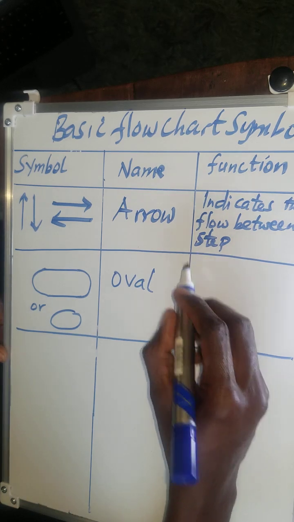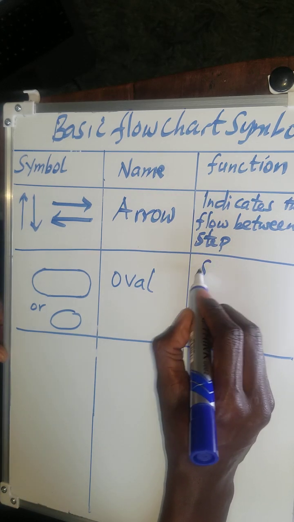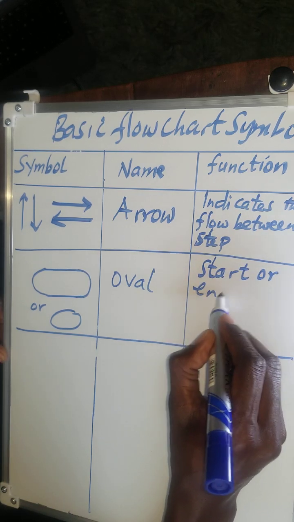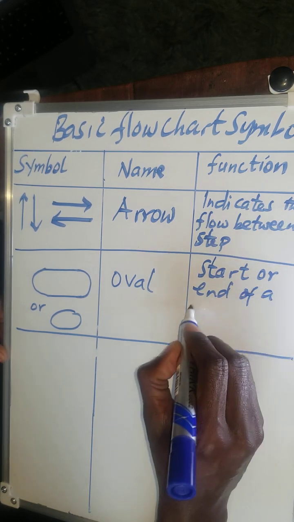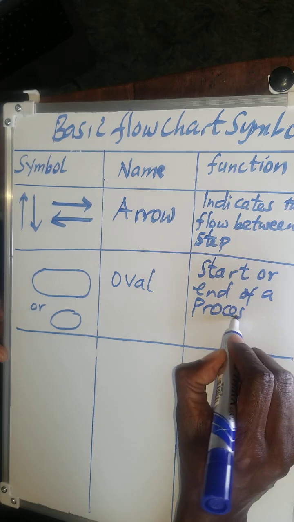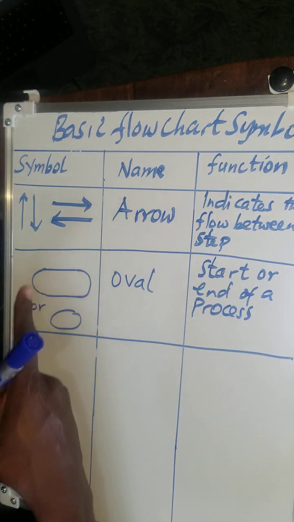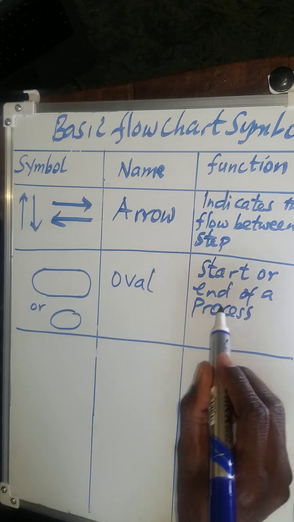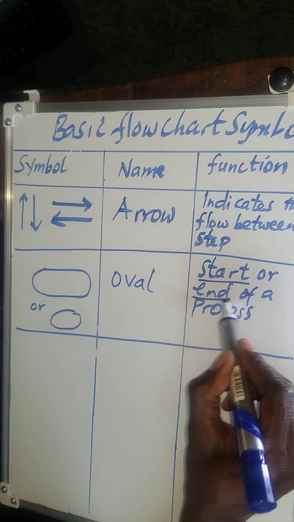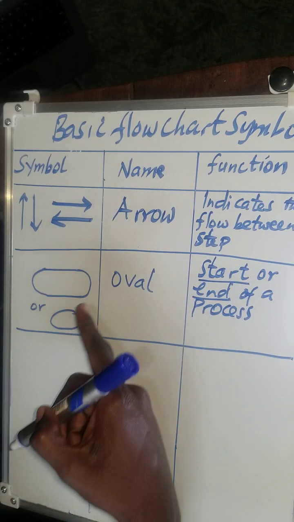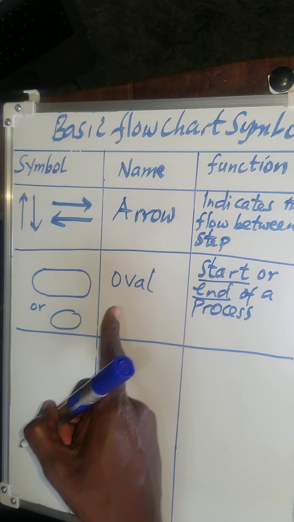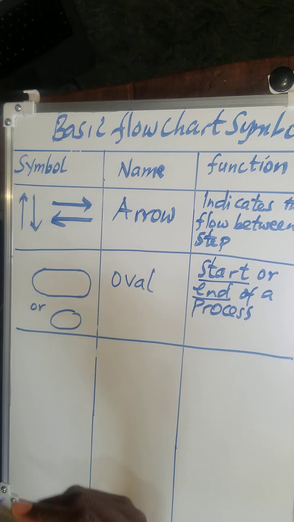When you use an oval shaped symbol, it may indicate that you start or you end your program. So normally we use them at the start or the end of a program. That is where we use an oval shape.